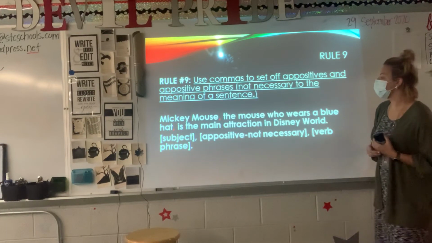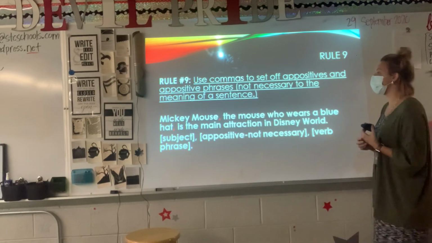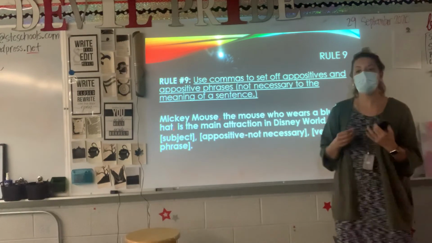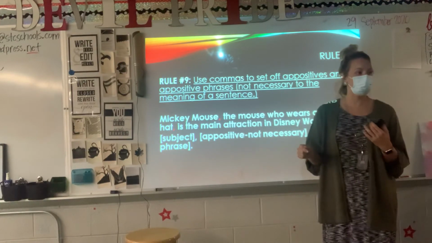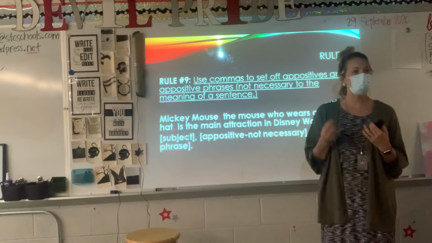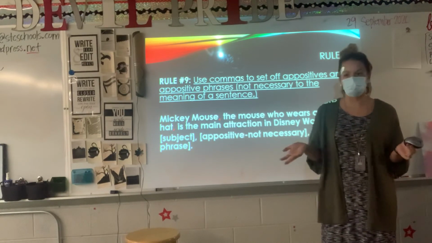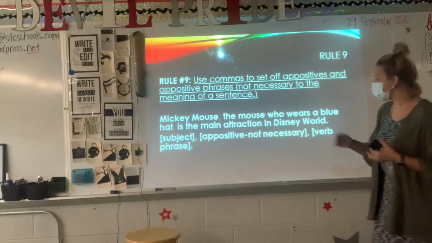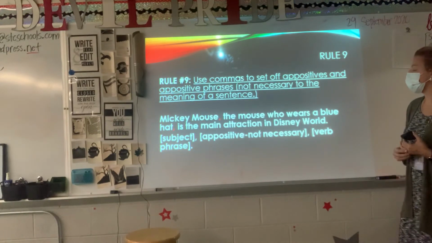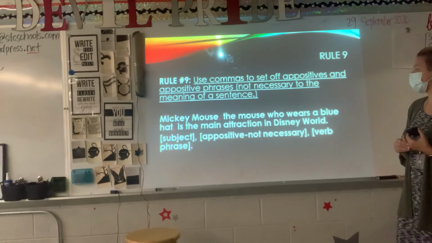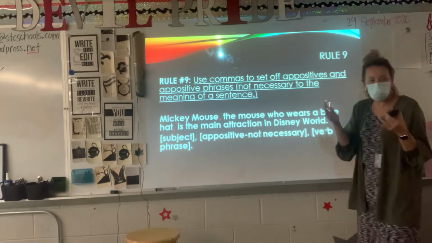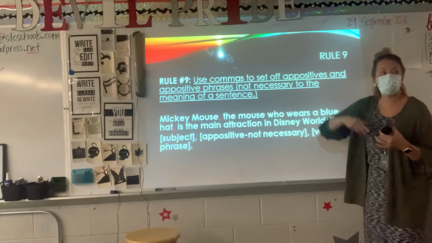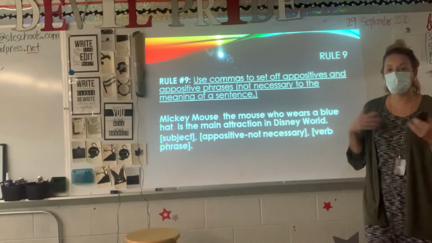Rule number 9. This is when we set off appositives, and appositives make me positive of who I'm talking about or what I'm talking about. A lot of times it's just extra information. Appositive is just a fancy word for it. So, Mickey Mouse, the mouse who wears a blue hat, is the main attraction in Disney World. It's kind of like an interrupter. I can take that information out. However, it's called an appositive.